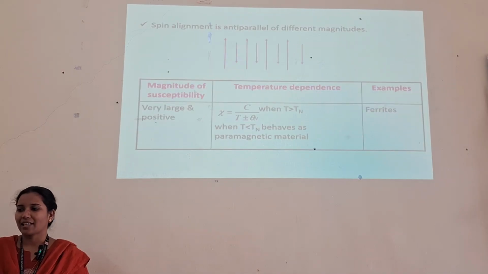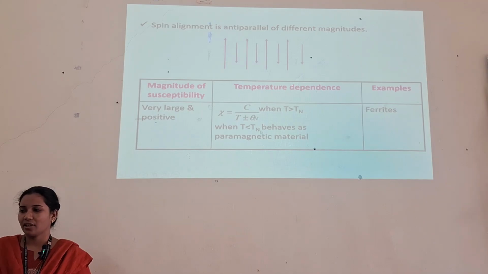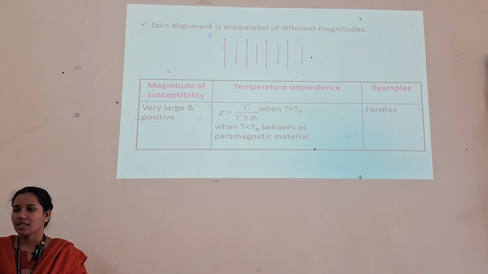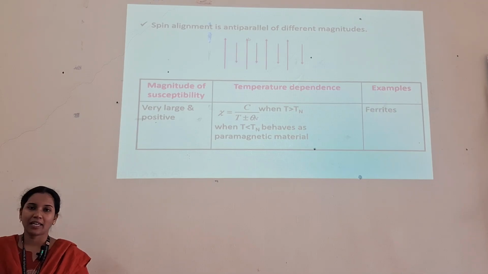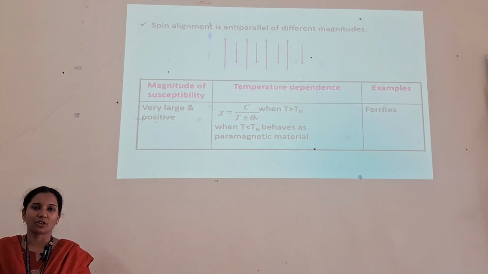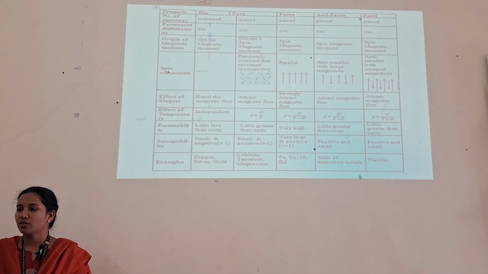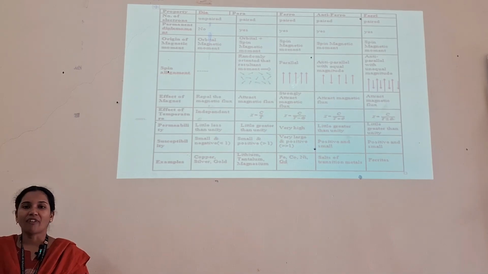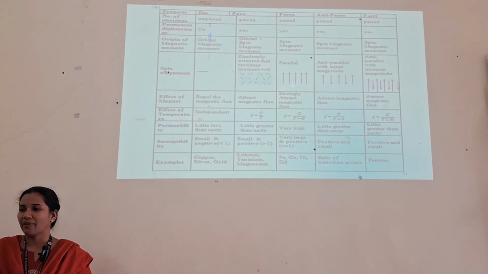The magnitude of susceptibility is very large and positive, and the temperature dependence is chi equal to C by T plus or minus theta when T is greater than TN. The spin alignment is antiparallel of different magnitudes. Examples include ferrites.